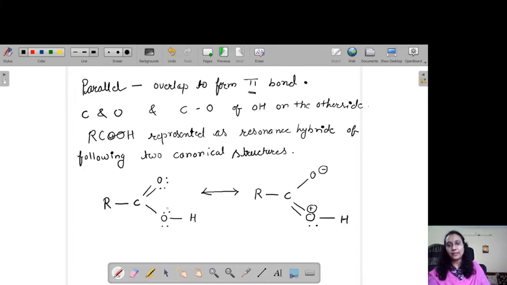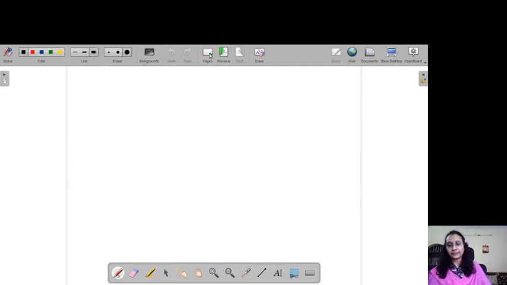How are we getting this? If this kind of shifting occurs, this bond will be converted and you get a partial negative charge. These are the two resonance structures or canonical structures of the carboxylic acid group, which is RCOOH.